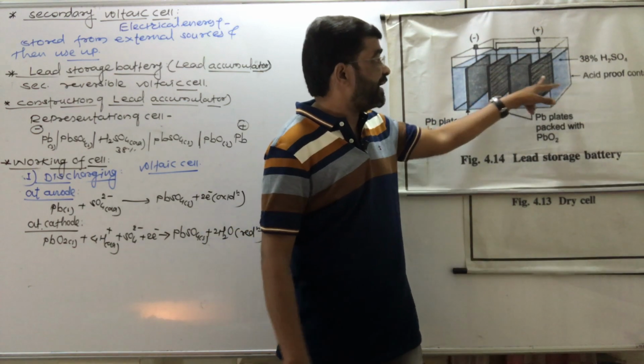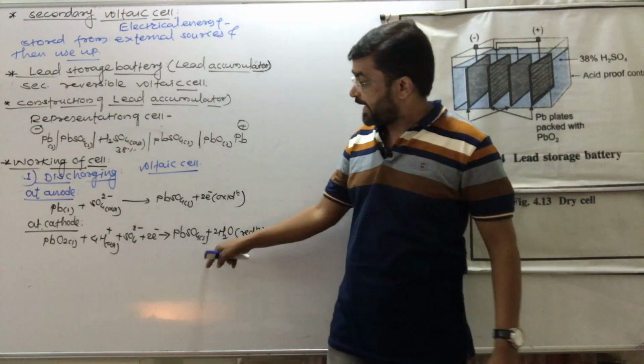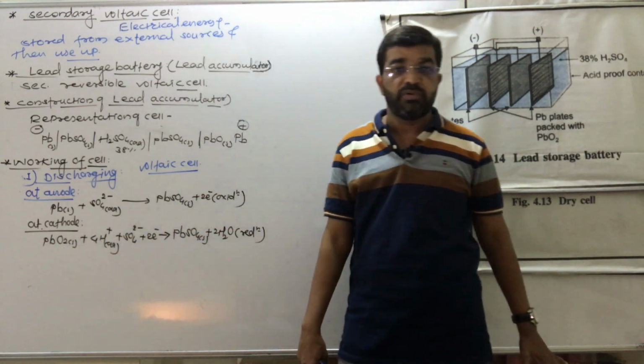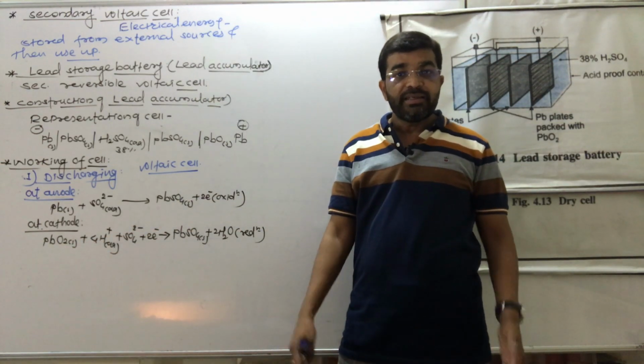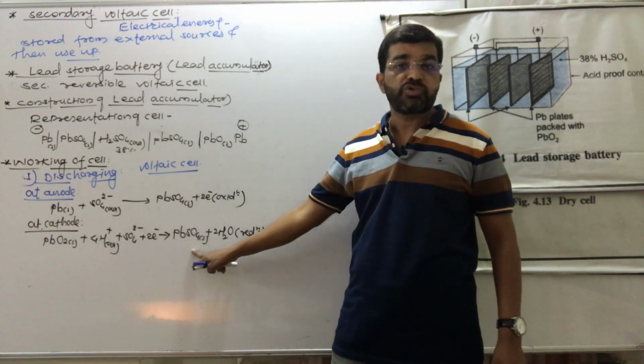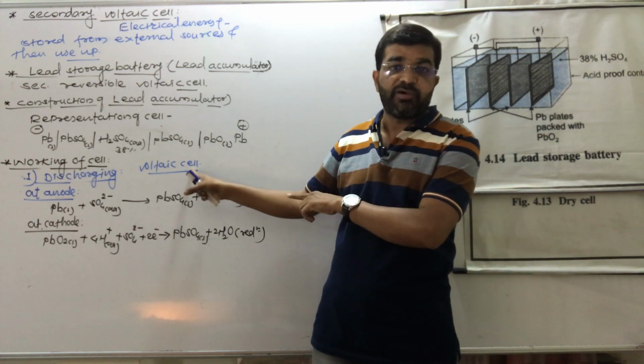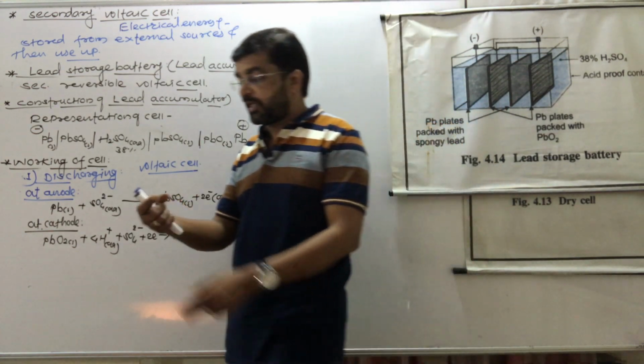Now these electrons come at the cathode from the anode and are accepted by PbO2, which reacts with sulfuric acid by gain of electrons and produces PbSO4. So oxidation takes place at the anode and reduction takes place at the cathode.